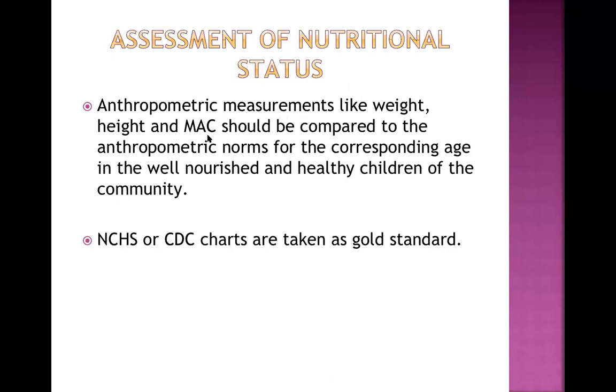After that, you compare the anthropometric measurements with the standard one. Now you may be wondering from where I get the standard one. That is obtained from the NCHS or CDC chart.